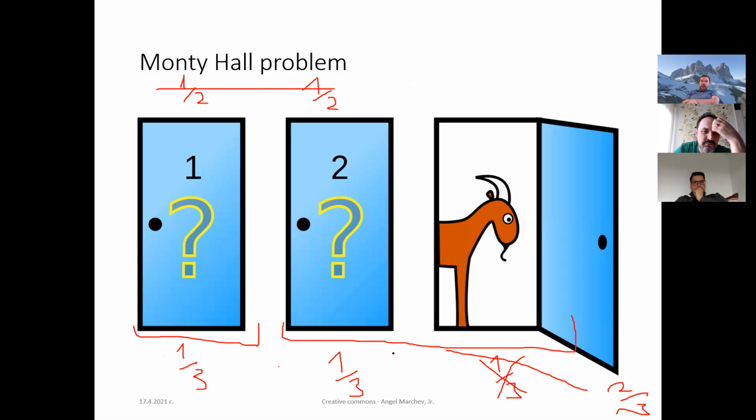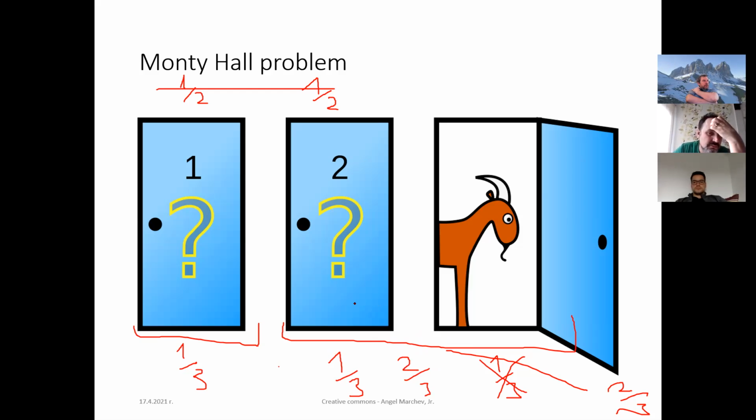So it turns out that, instead of the last door having 1/3 of a probability, you actually end up with 2/3, because 2/3 are for the total of these two doors, and one of them is 0. You have eliminated it, so this means that the 2/3 are left over door number 2 in this case.